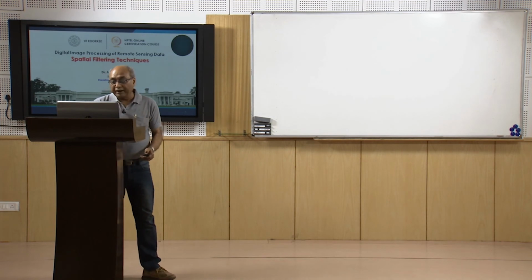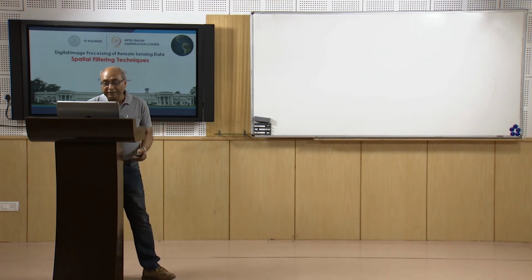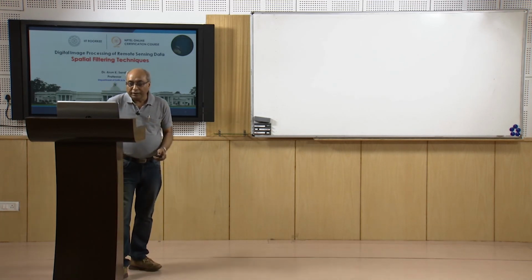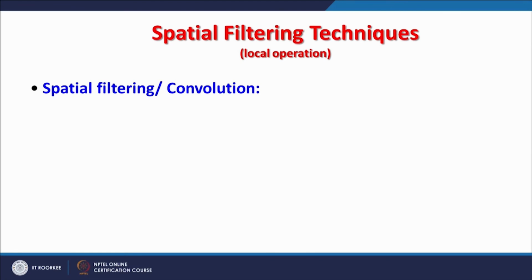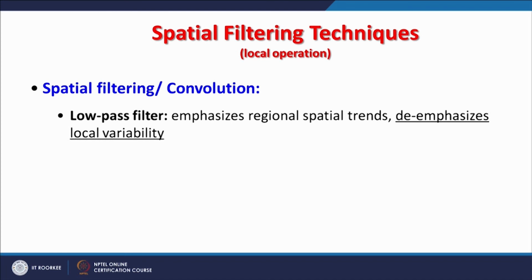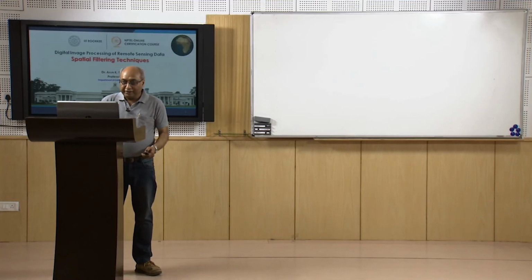Contrary to this, in high frequency images the brightness values change dramatically and abruptly over a short distance, and they create high frequency details. Spatial filtering is a local operation, also called the convolution filtering technique. A low pass filter emphasizes regional spatial trends and de-emphasizes the local variation.